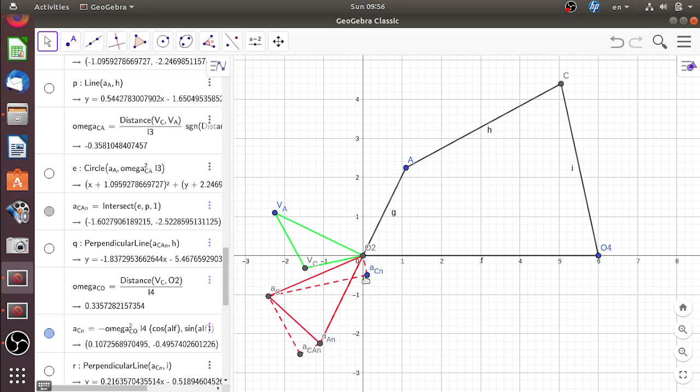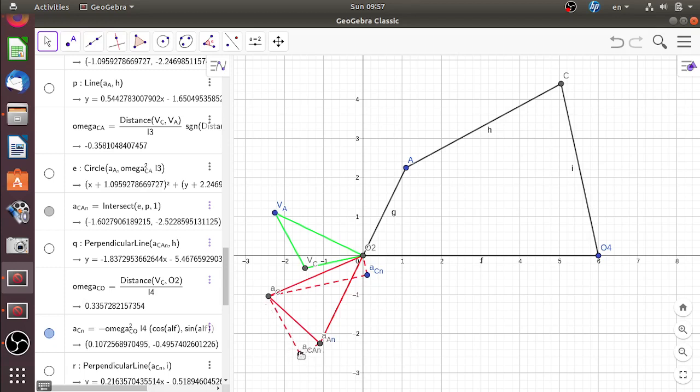And similarly, to calculate the angular acceleration of link 3, sorry, link 3, this is our tangential component, and this tangential component divided by the length of link 3 will provide us the angular acceleration of link 3.